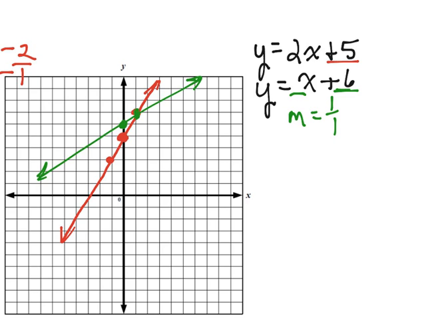Now I can look at these two then and try to figure out where my point of intersection is, or it's actually easier if you see it on the graph. I'll bet my point is going to be at 1, 7. Okay.